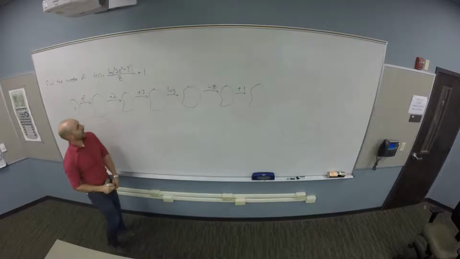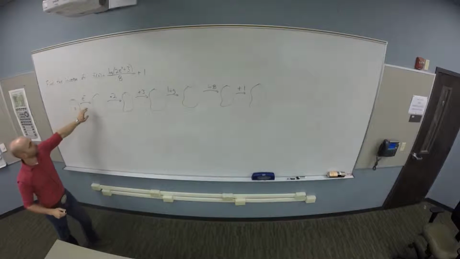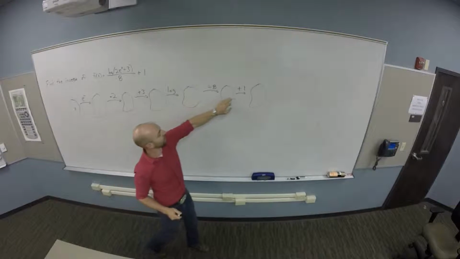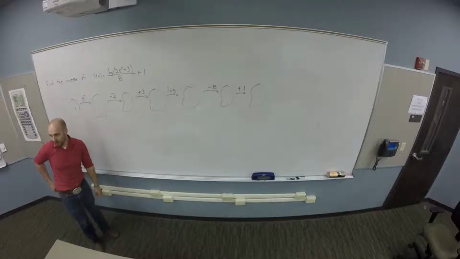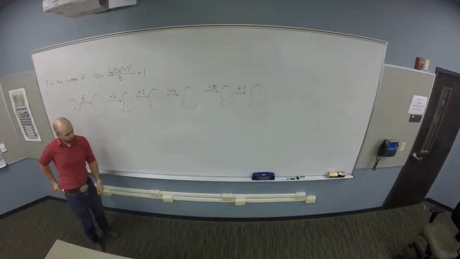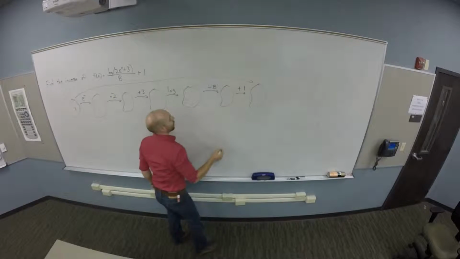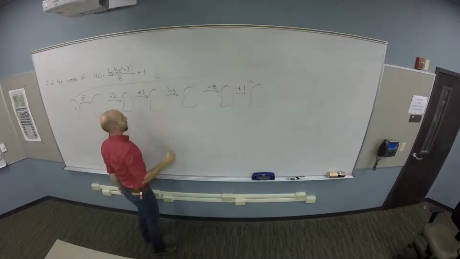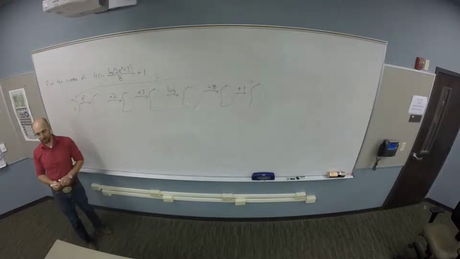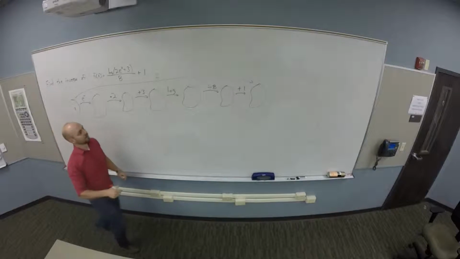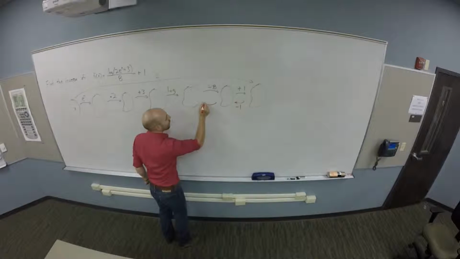Okay, so I have now written my function as a composition of 1, 2, 3, 4, 5, 6 steps, right? So how do I come back? This whole path from beginning to end is f. So how do I back out of f? We should subtract 1.